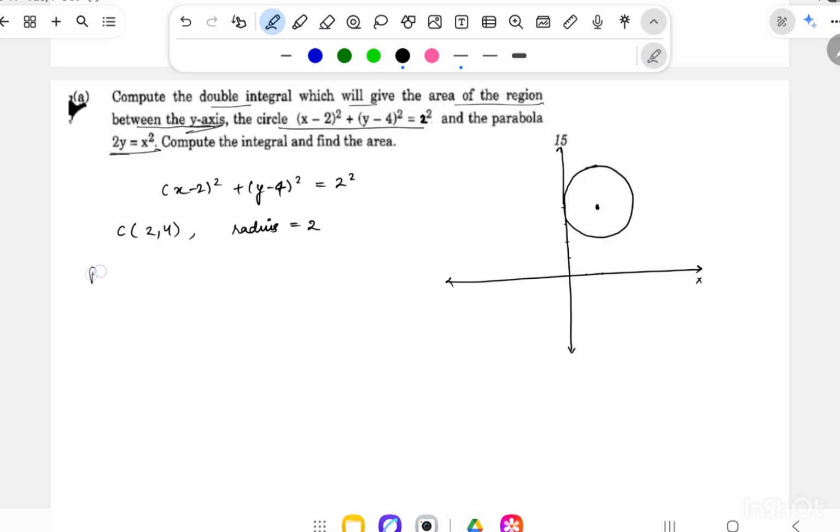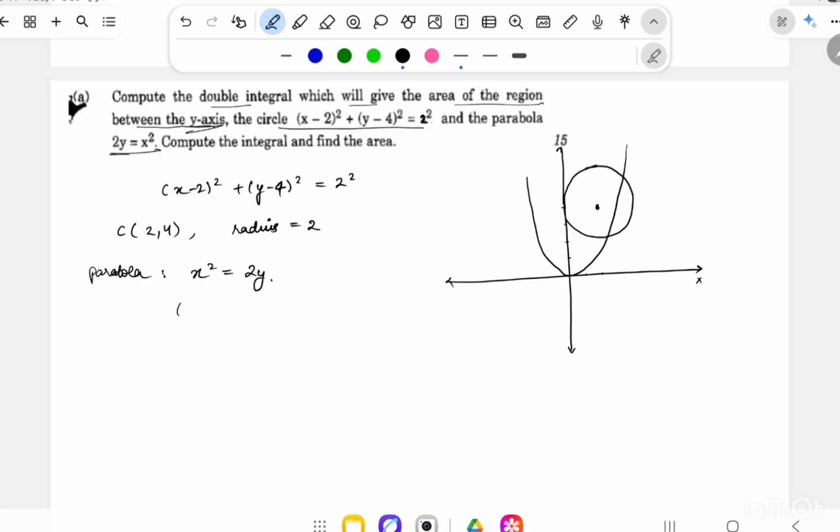So parabola is x square equals to 2y. So parabola will be passing, if you observe, so parabola will be something like this. Somewhat like this will be our parabola.